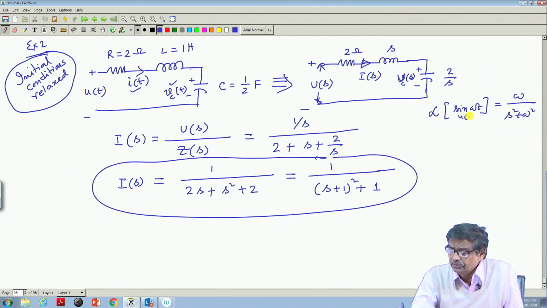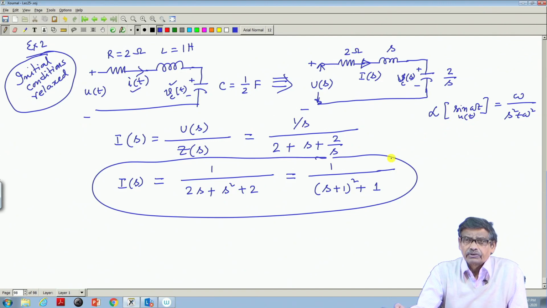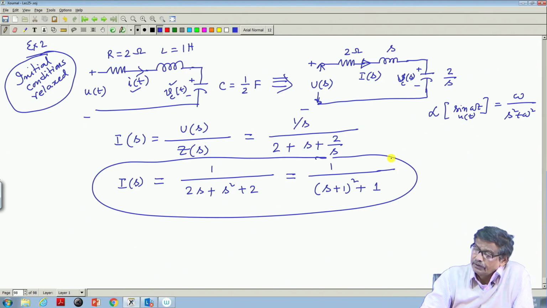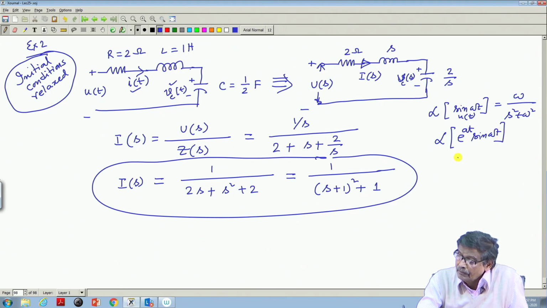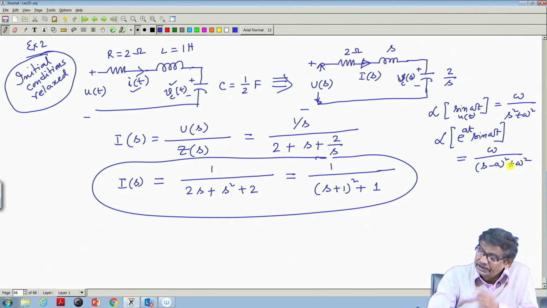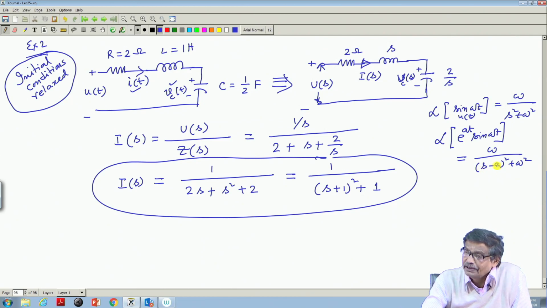Mind you, this is u t always there, even if I do not write, I mean that. And Laplace transform of e to the power a t sin omega t will be omega over, wherever s is there, s minus a whole square plus omega square, is it not? So, it is already in this form. Only thing this is s plus a.